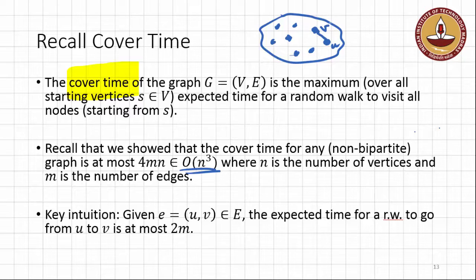We first showed that the expected time for a random walk to go from u to v is at most 2m.